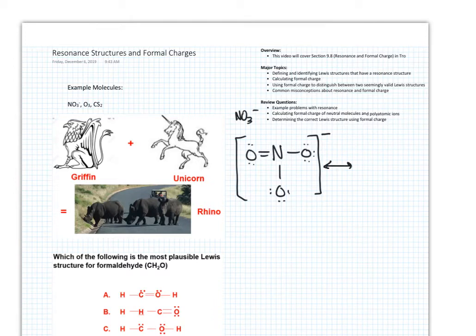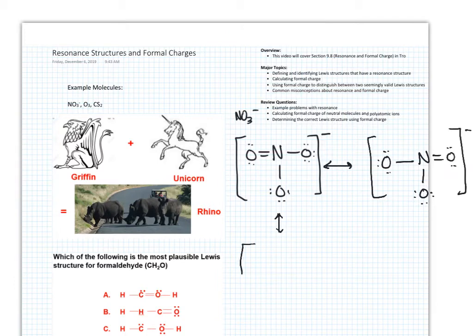So this is the idea behind resonance structure. What that means is we really could write this this way, just as valid, or we could also write this way.